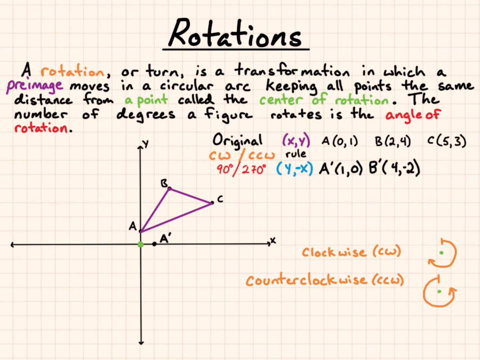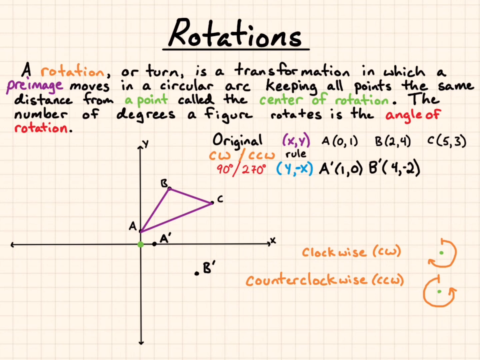B prime, if I take 2 and make the opposite, which is -2, and put it in the y position, and take the 4 in the y position and put it into the x, I get 4, -2, which would be a 90-degree clockwise rotation.